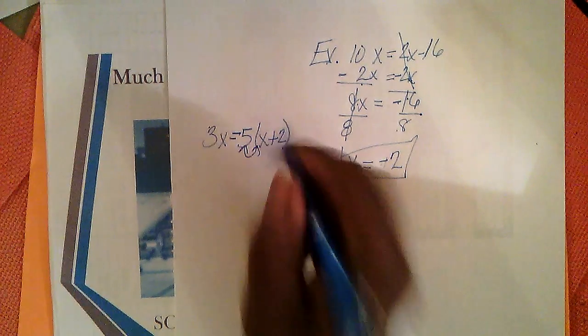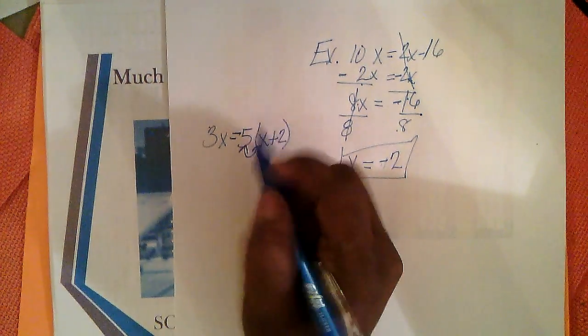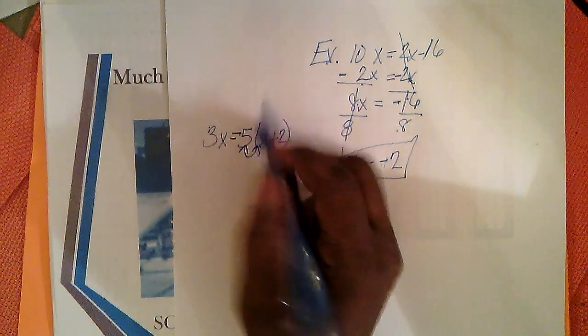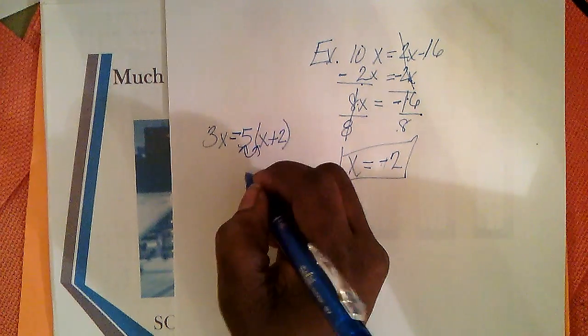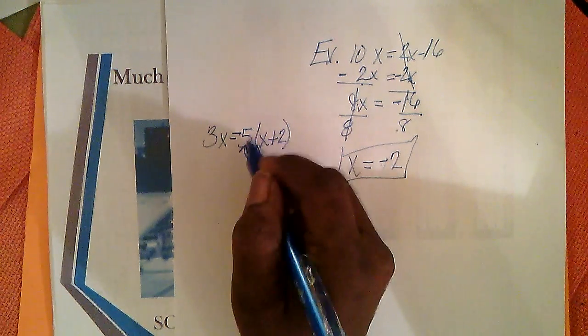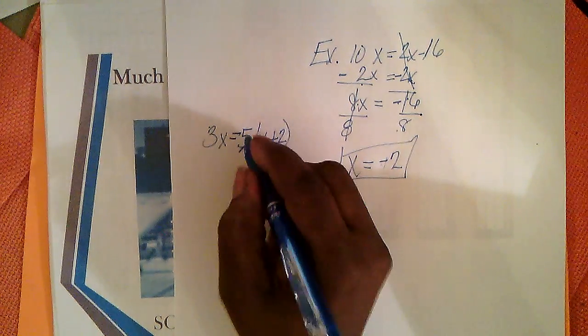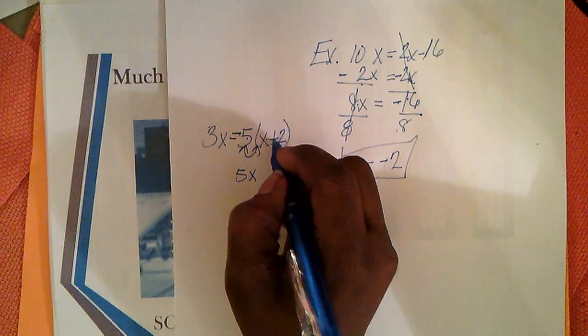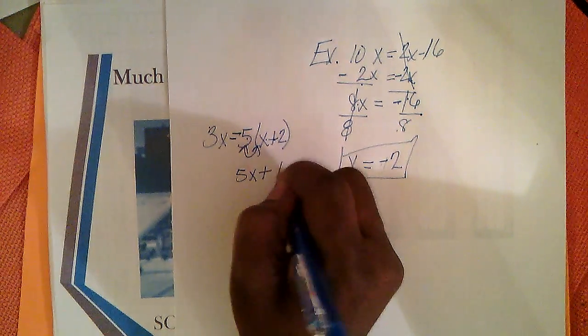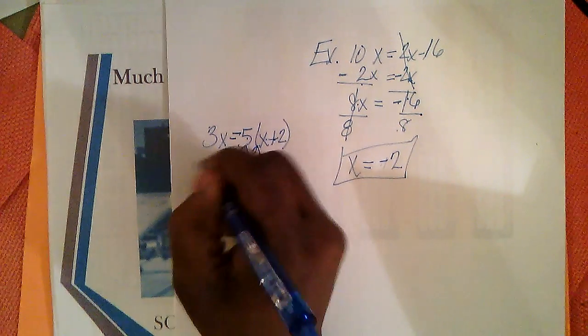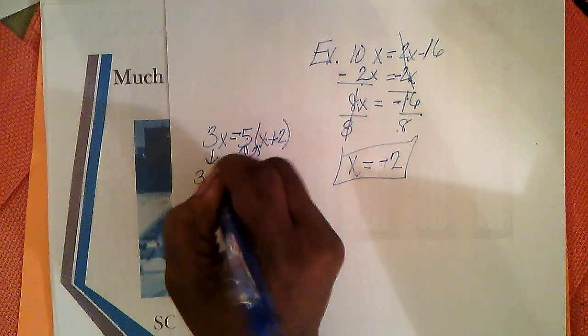Remember, that's when we distribute a number or variable across every term inside the parentheses. So 5 times x gives you 5x. 5 times 2 gives you 10. Then we're going to bring this down.